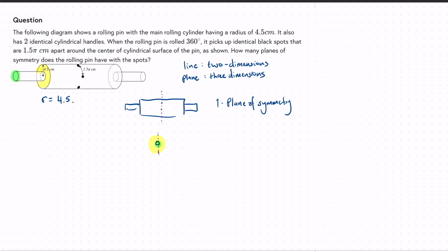Okay, so how many dots are there? Well, I know that the circumference, that's the distance around the circle, is equal to 2 pi r.